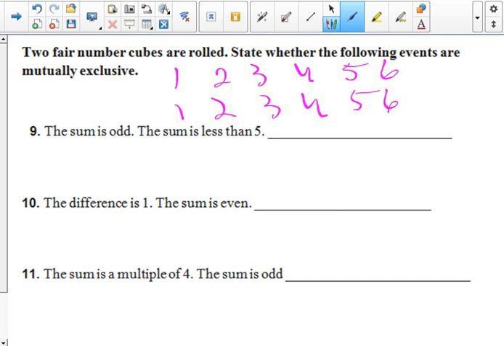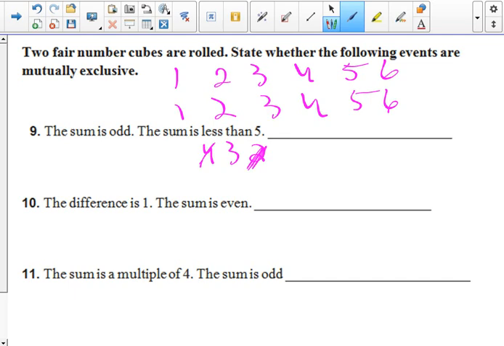Okay, so we want to roll a sum less than 5. So it's got to be 4, 3, 2, and rolling a 1 is not possible. So it's got to be a sum of 4, 3, or 2. But it's got to be the sum being odd. So that knocks these out.